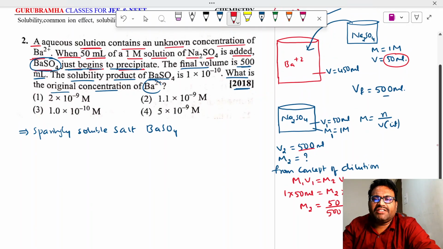So the concentration of Na2SO4 after mixing is 0.1 molar, right?